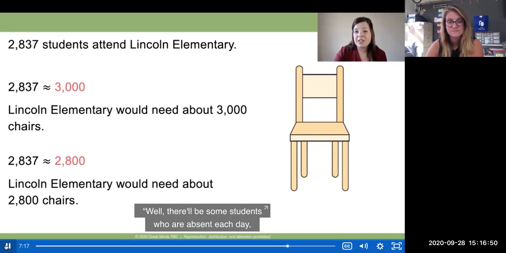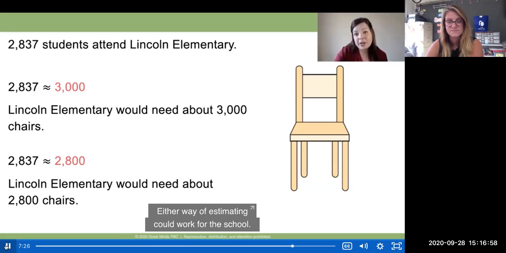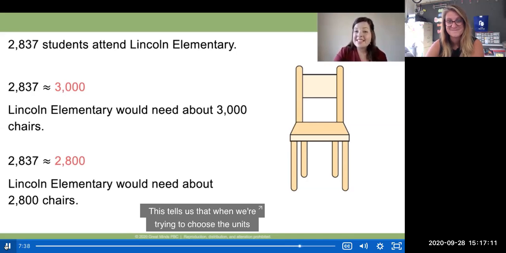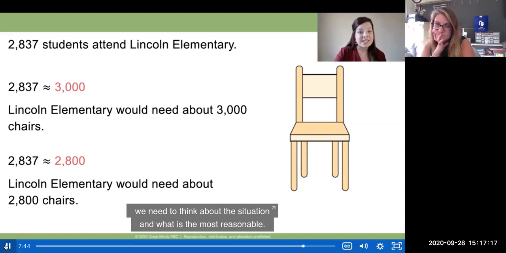And so maybe you're thinking, well, there will be some students who are absent each day, so that should be enough chairs. Either way of estimating could work for the school. So what does this tell us about choosing the best unit to round to when we're estimating? This tells us that when we're trying to choose the unit to round to when we're estimating, we need to think about the situation and what is the most reasonable.